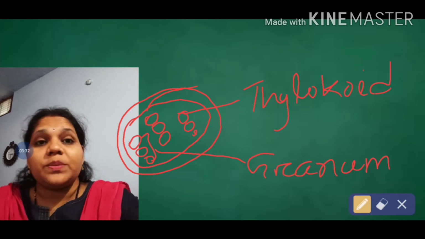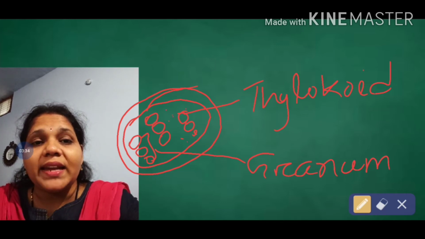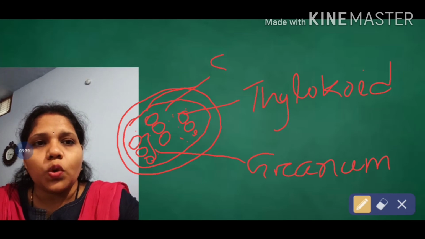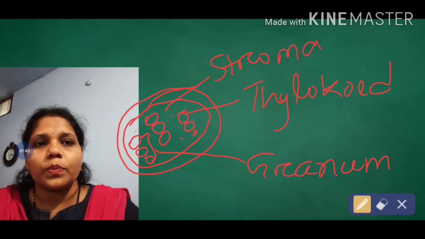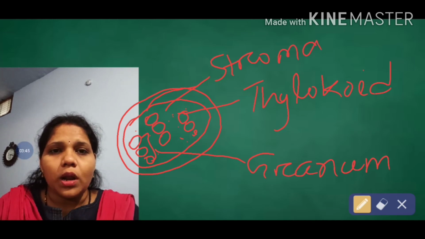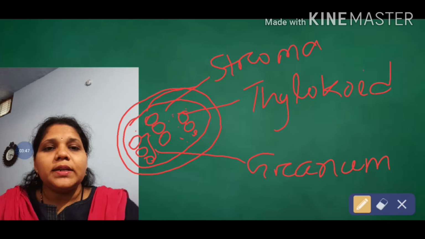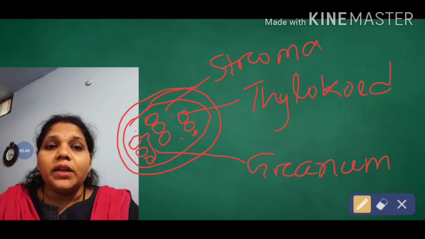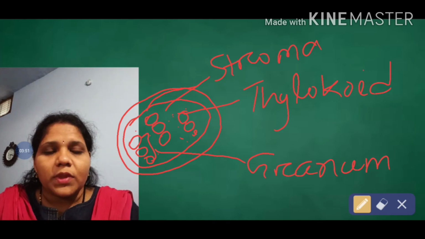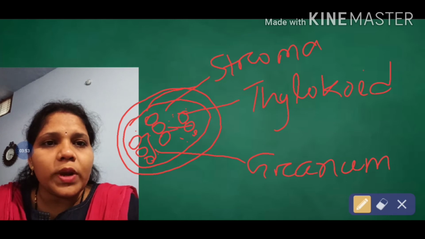And the space which is present inside the chloroplast is known as your stroma. Next, the grana are interlinked to each other. That interlinkage is known as your lamella.